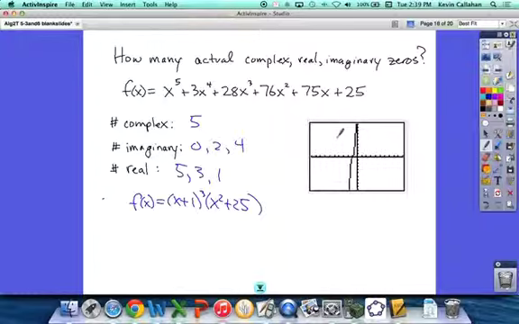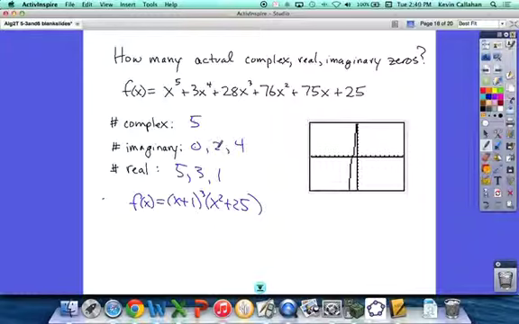Here, the total number of zeros is 5. The zeros have to be either imaginary or real. The imaginaries have to come in even numbers because of the conjugate theorem, so they could be 0, 2, or 4. If there's 0 imaginary, there's got to be 5 real because 5 plus 0 is 5.